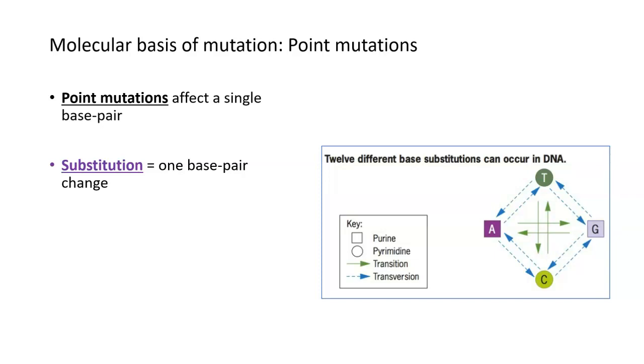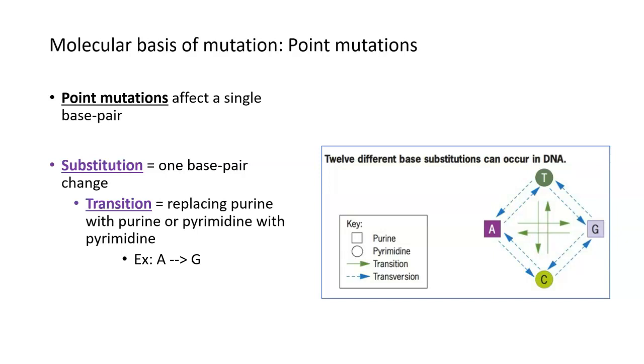That base pair can be changed in several different ways. One type of point mutation is called a substitution, where one base pair is exchanged for another base pair. So an A is exchanged for a T, a C exchanged for a G, and so on.